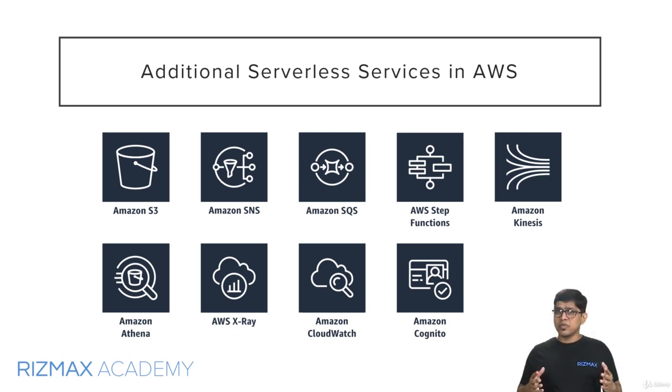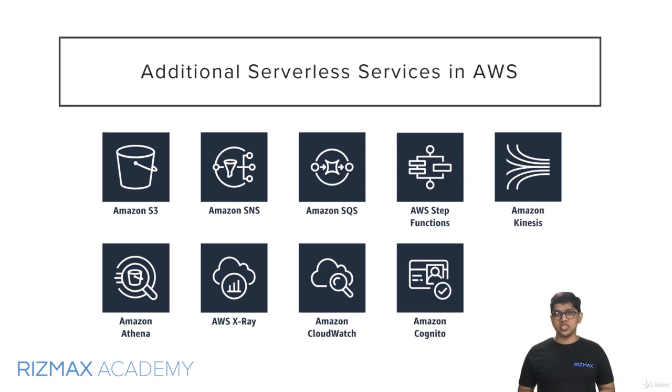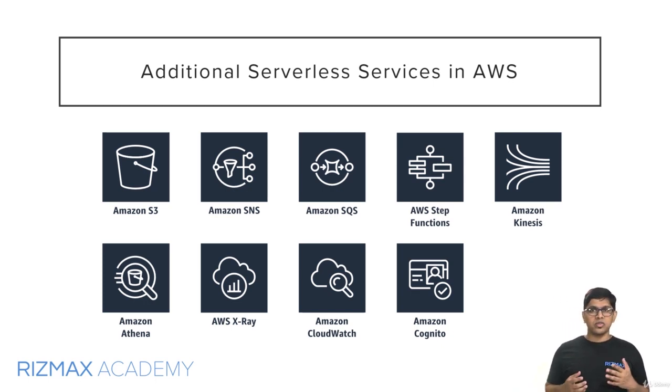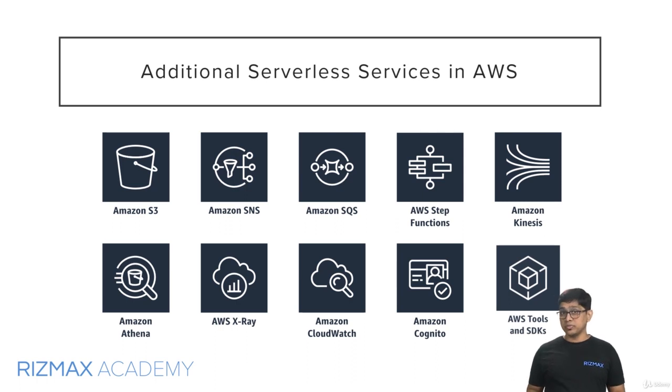So we discussed some of the many AWS services that we can use with our serverless applications, and we'll explore these services throughout this course. AWS also provides you with fully functional SDKs that you can use to build your serverless applications.